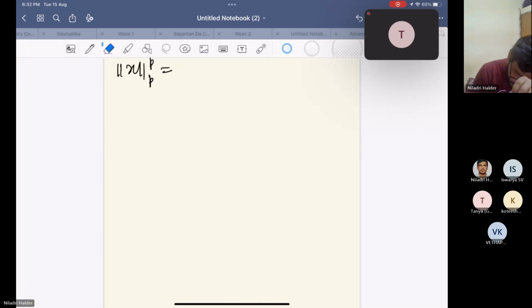Then we can take common mod of x1 power p.